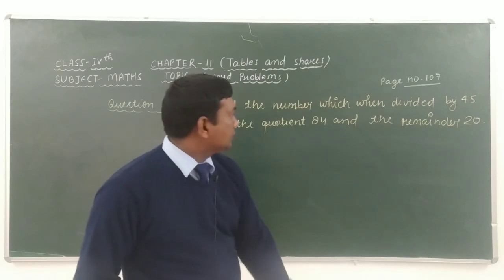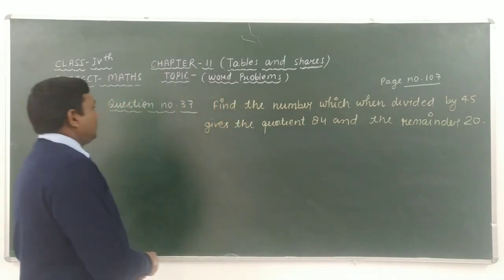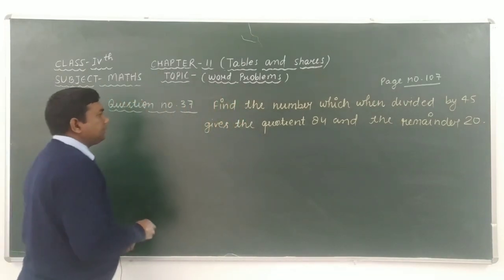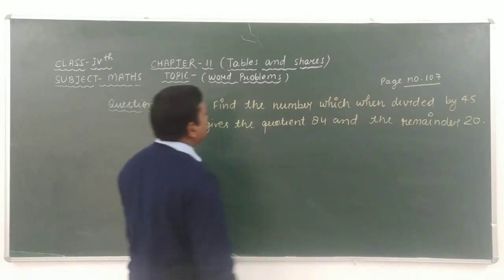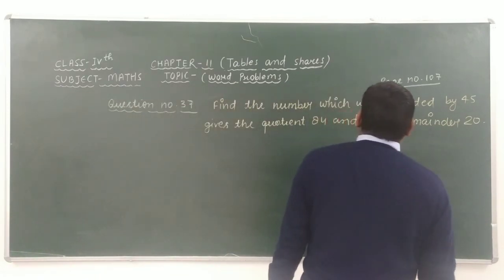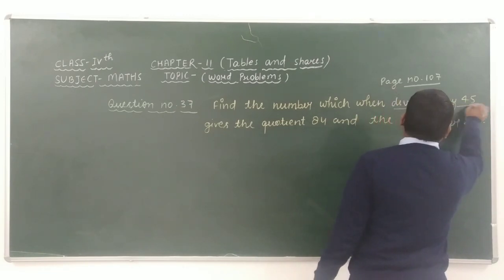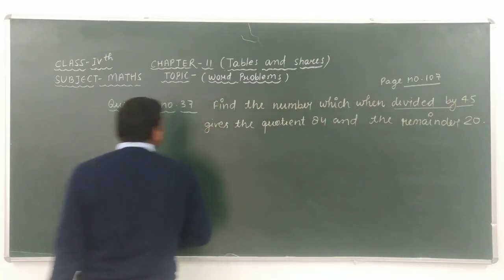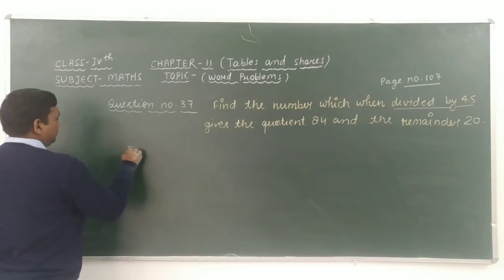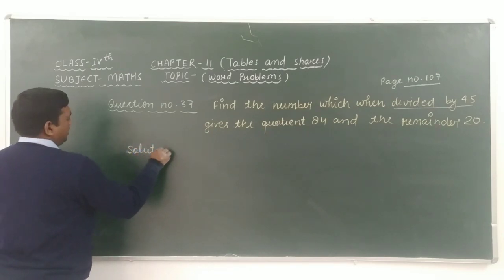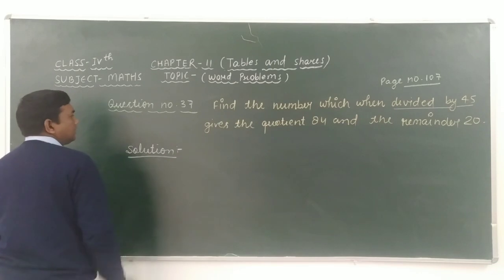Okay, students, look here carefully. In this question it is given that it is divided by 45. Now let's start the solution of question number 37.